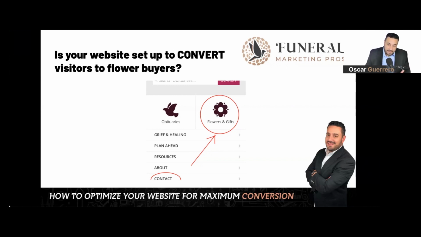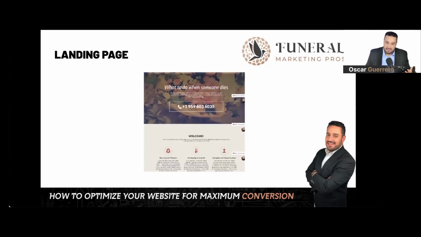It's a free website that's given to businesses from these flower companies, and they're optimized to buy flowers. They're not optimized for families to actually contact them. So when someone's on their phone searching for a funeral home, searching for help, they're at need, this is what they see. What action do you believe they're going to take?